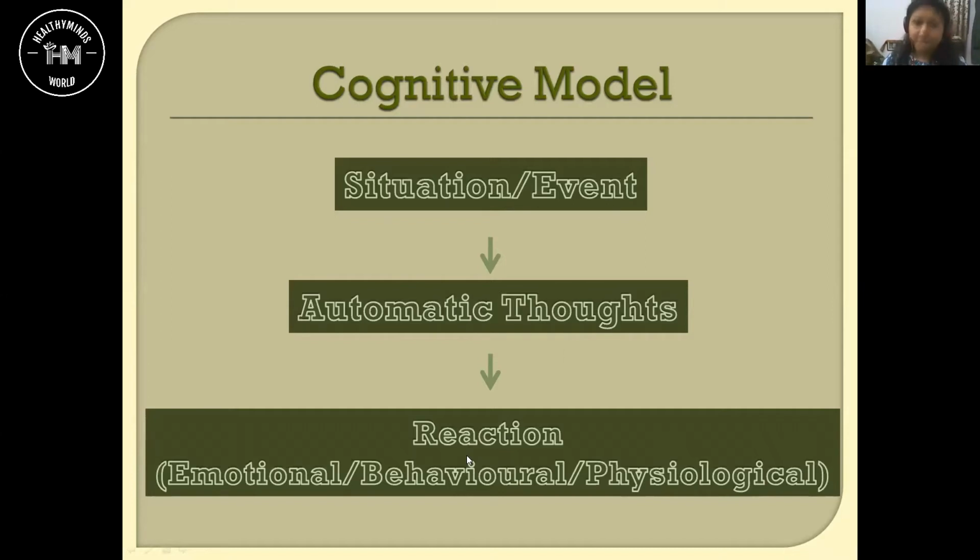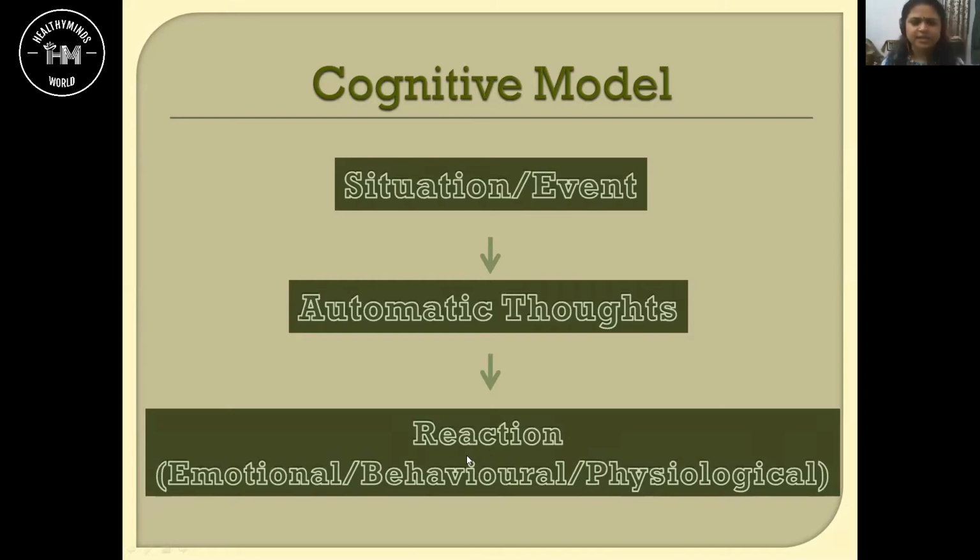That is how Dr. Beck came up with this model, where he pointed out that it is not really the situation which elicits how you behave, but your automatic thought which goes in between the situation and the reaction, in line with which you will give a reaction.